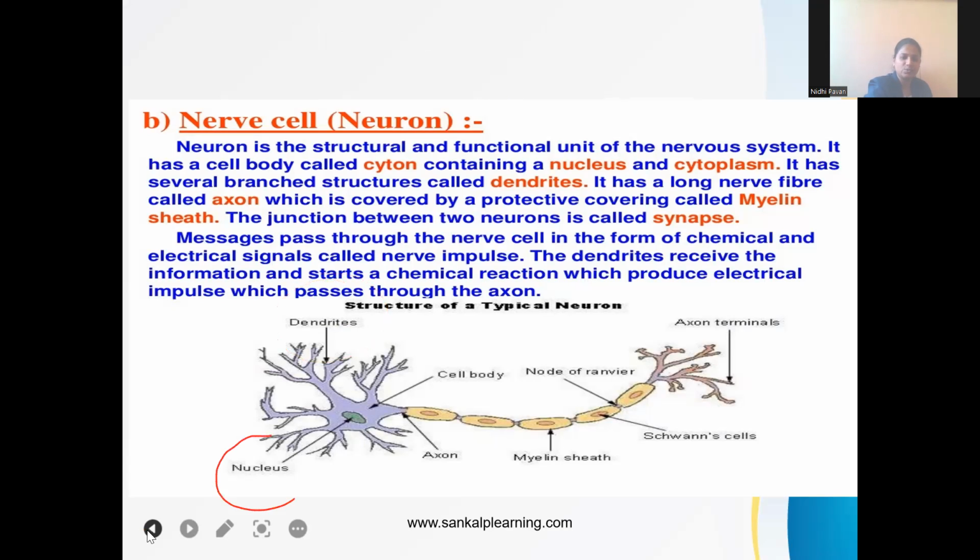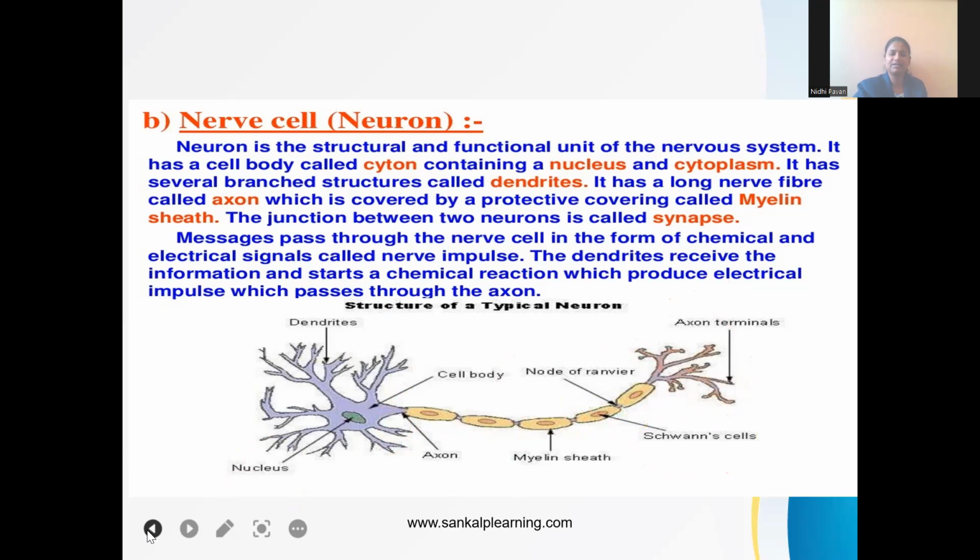Next you can see the nucleus. Next, this is the stem; the cell stem is called the axon. The axon is covered by a sheath called the myelin sheath. In between these, we have certain gaps which are called nodes of Ranvier. Axon terminals are the last end points of the axon. And there are small cells called Schwann cells.